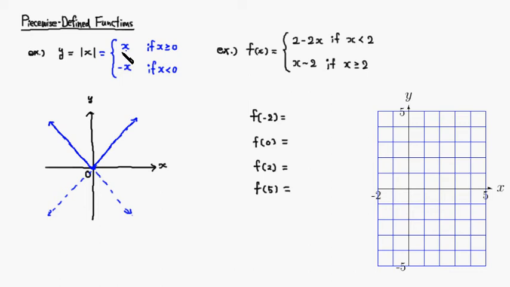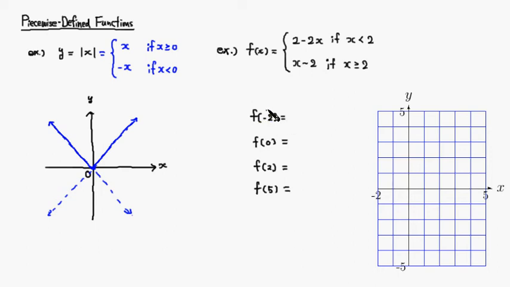Let's look at the second example, which is a more general piecewise defined function. f of x is 2 minus 2x if x is less than 2, and x minus 2 if x is greater than or equal to 2. Let's try to evaluate this function at certain points. f of -2: x is -2.